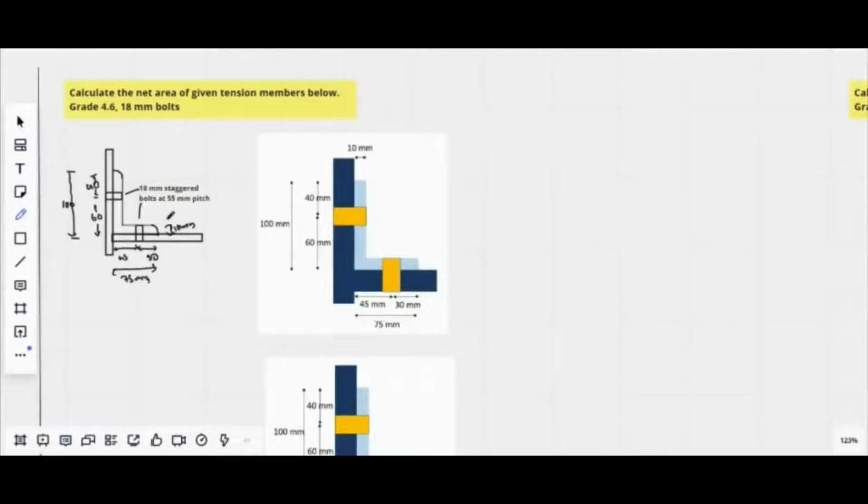First, we need to make the angle a plate, then calculate the net area of the section. Let us consider an Indian Standard unequal angle, having one leg of 100 mm, the other leg of 75 mm, and thickness of 10 mm.